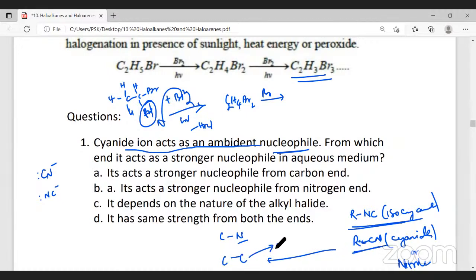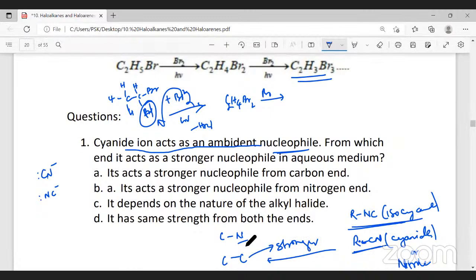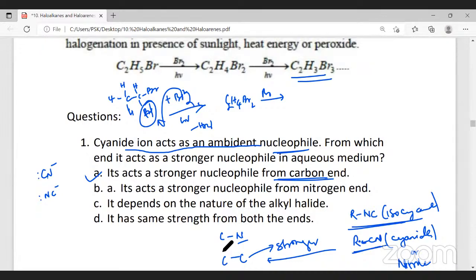Carbon-carbon bond is stronger than carbon-nitrogen bond. So the answer is it acts as a stronger nucleophile from the carbon end because the carbon-carbon bond is stronger compared to the carbon-nitrogen bond.